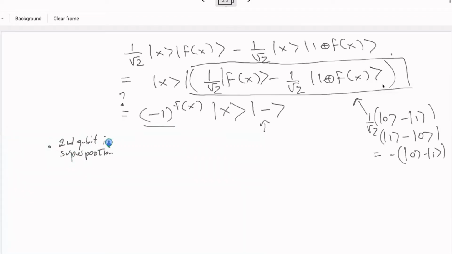What we just deduced with this calculation is that if I apply u sub f to the state x minus, what I end up with is minus 1 to the f of x, x minus.